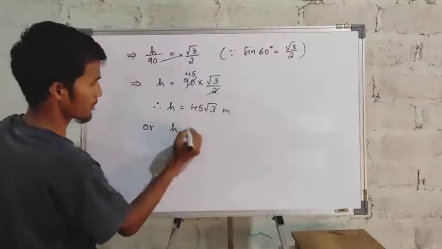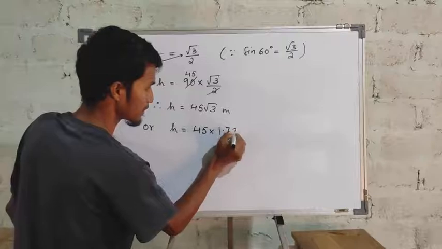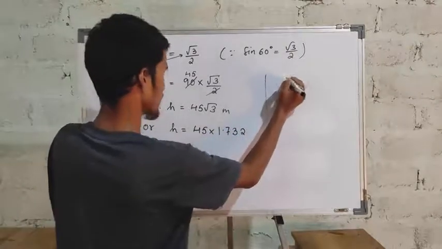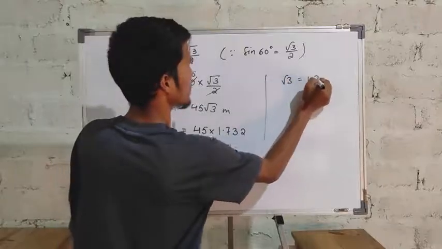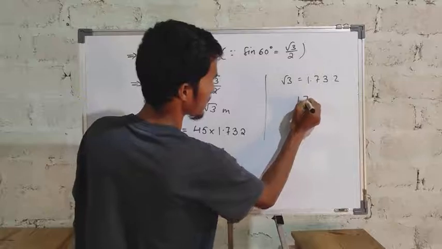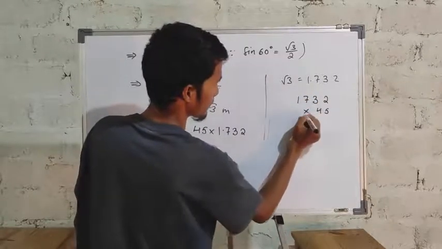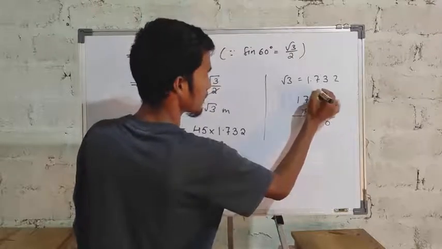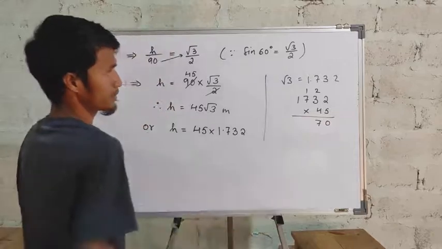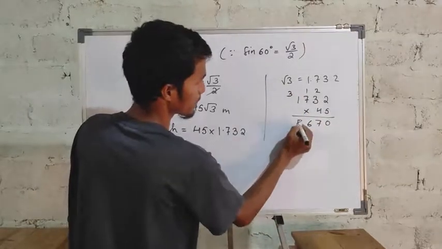Or 45 into 1.732, because the value of root 3 is 1.732. Now we need to multiply 1732 with 45. 5 into 2, 10; 5 into 3, 15, 16, 17; 5 into 7, 35, 36; 5 into 1, 5, 8.